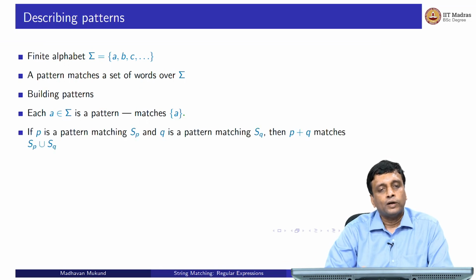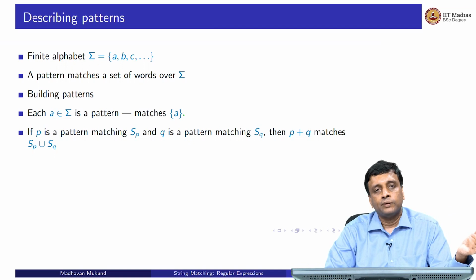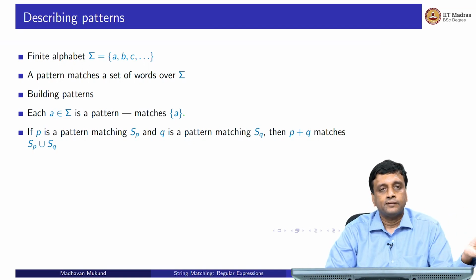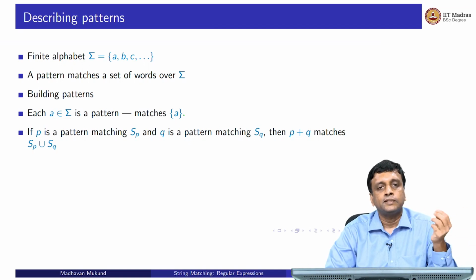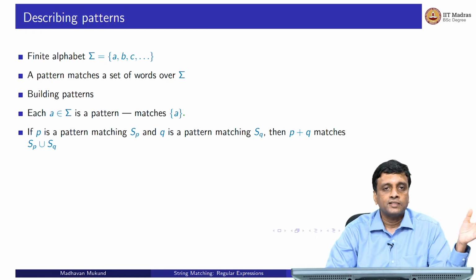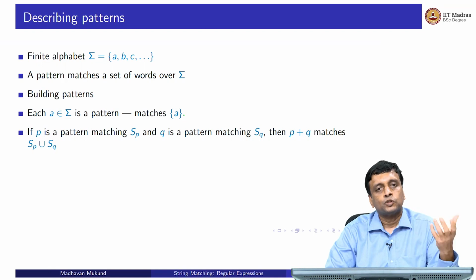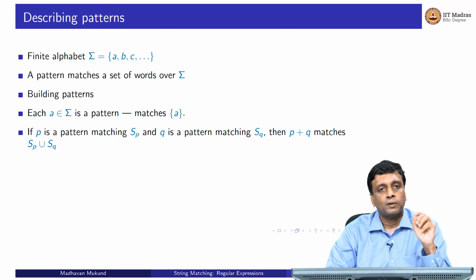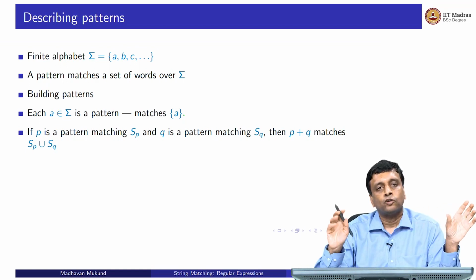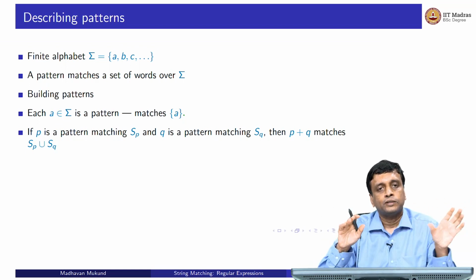Now a more elaborate pattern is like Srivatsan with an H or without an H. So if we have one pattern Srivatsan without an H and one pattern Srivatsan with an H, the first matches a certain set of things, the second matches a certain other set of things. So Srivatsan with an H plus Srivatsan without an H will match documents that match this or that. So that is the union, right?